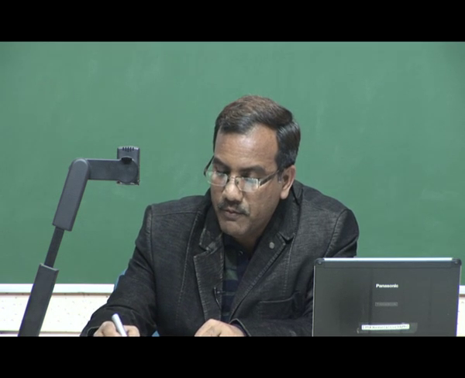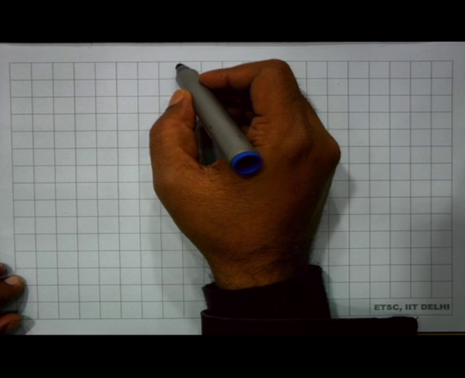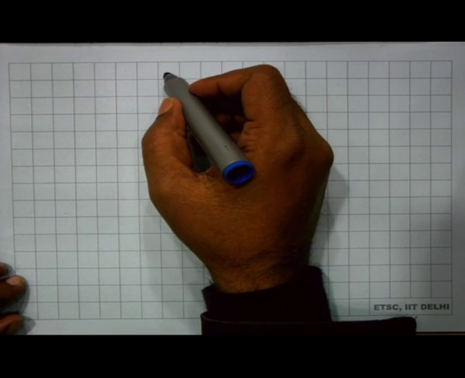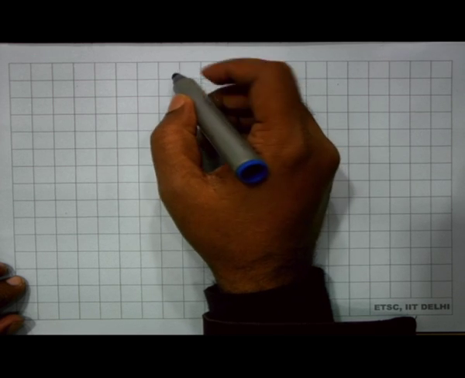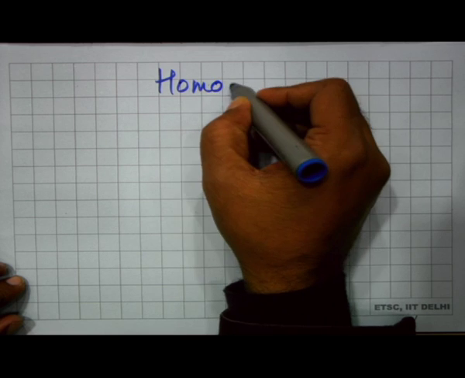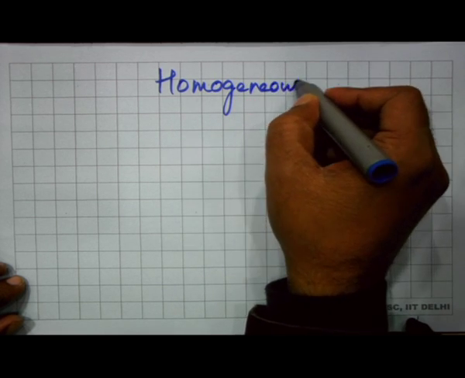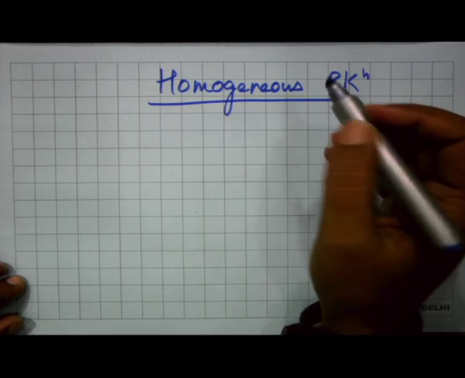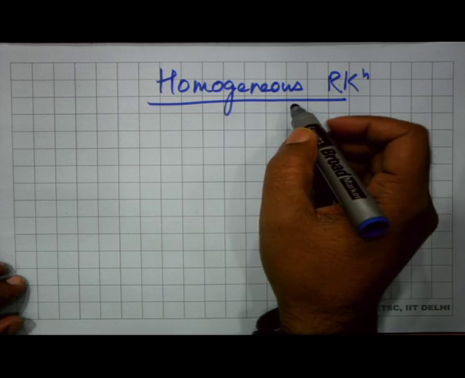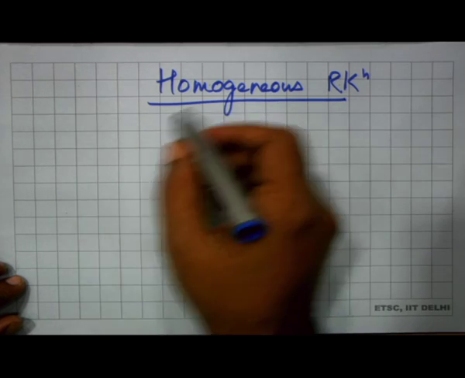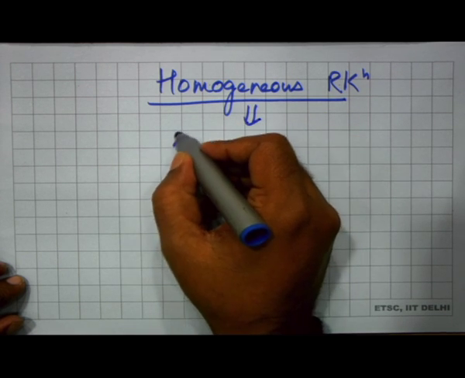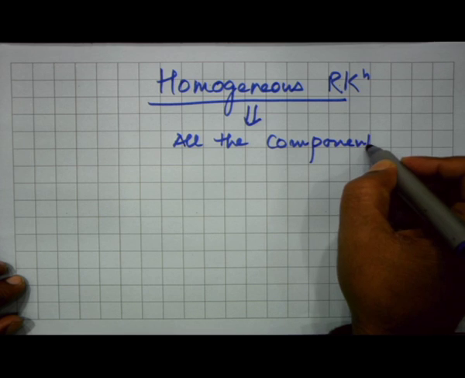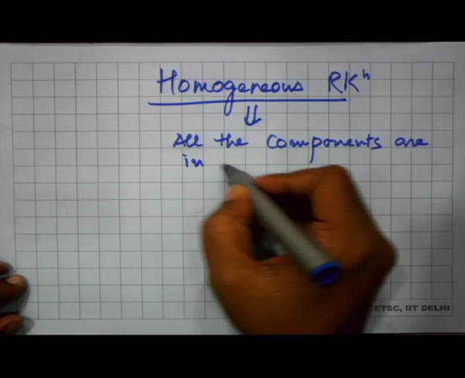Now, equilibrium can be of different types. The type of equilibrium will also depend on phases, which kind of phases are there in the reaction. So, there are two different kinds of reactions. First is the homogeneous reaction. In a homogeneous reaction, all the components, all reactants and products, are in a single phase.